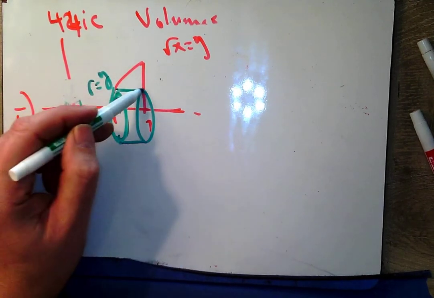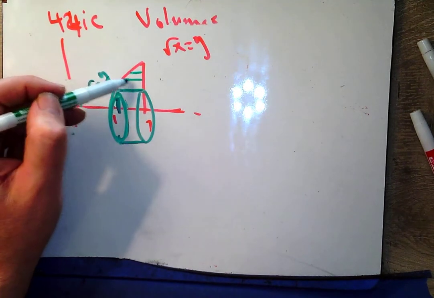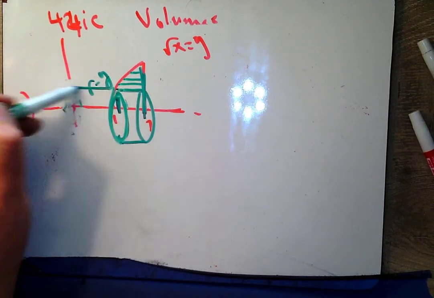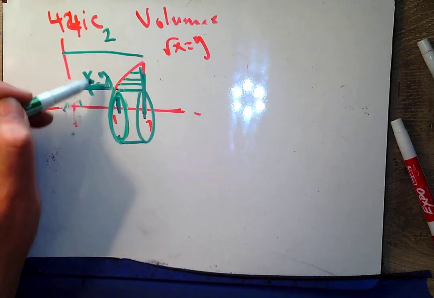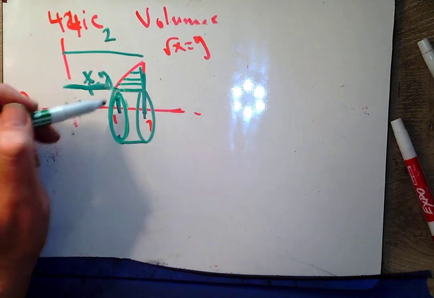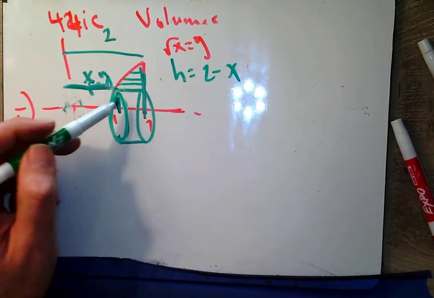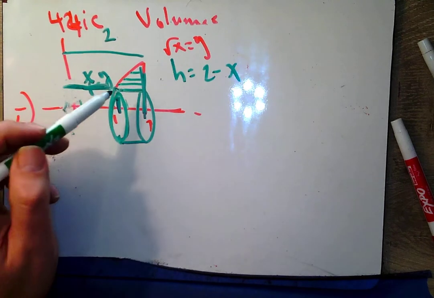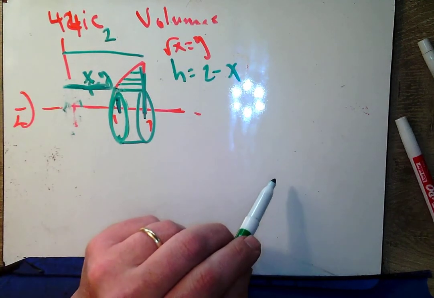But what about the height? Well, yeah, the height is changing, isn't it? So it's this number minus this amount, so it's 2 minus x that will give me that length. So h equals 2 minus x. However, this is a dy integral, so I'm going to have to get rid of this x and replace it with some y stuff.